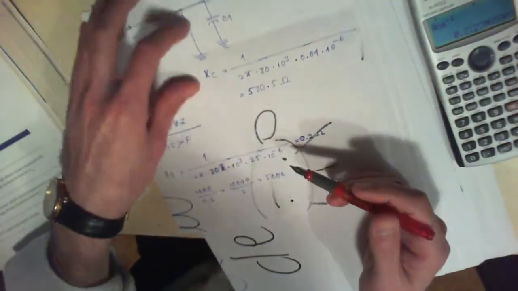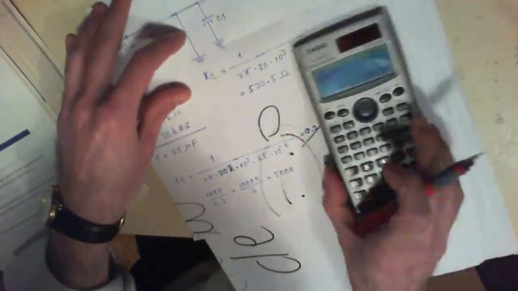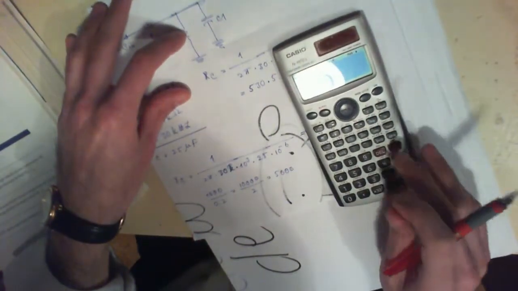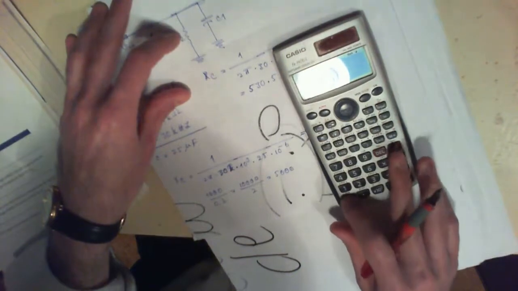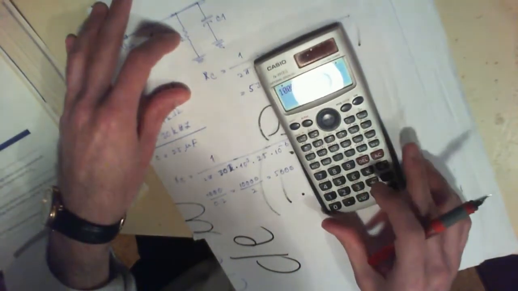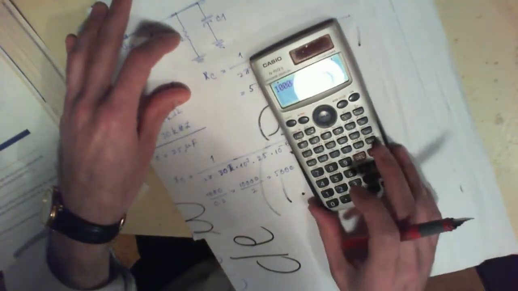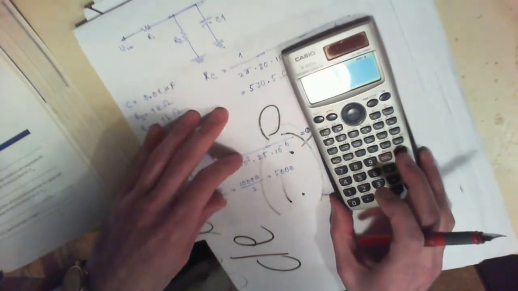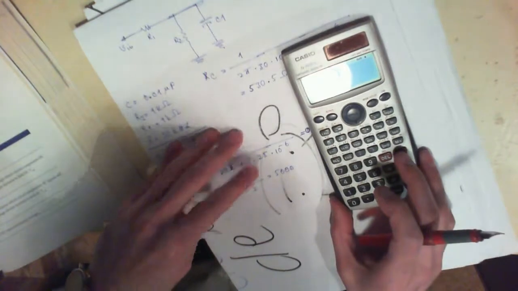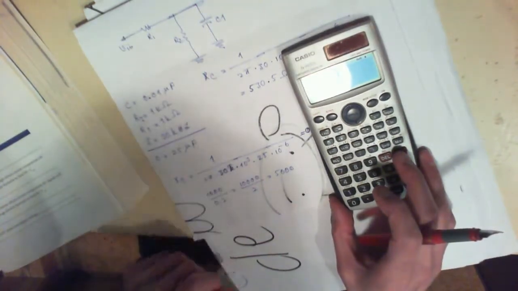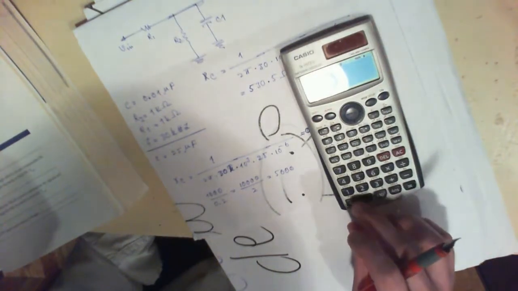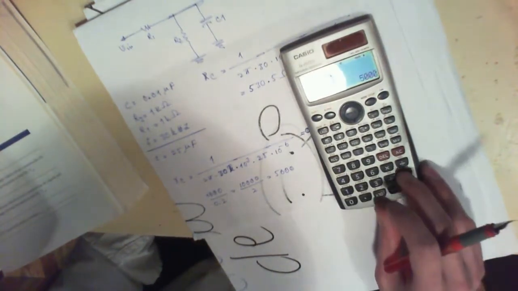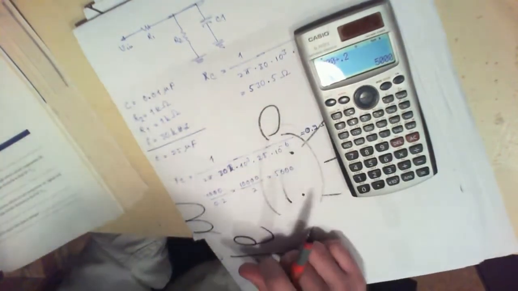Meaning that if I take this resistor, which is 1000 ohm, and divide it by 0.2, I will get 5,000 over here, right?